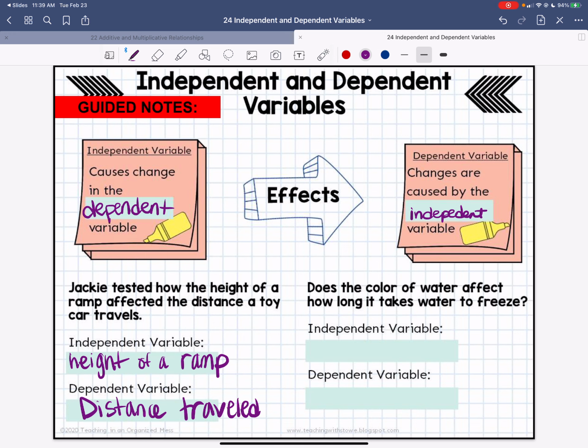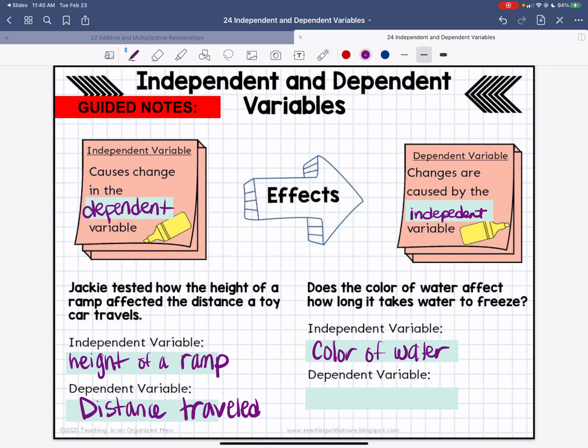So does the color of water affect how long it takes water to freeze? So when I'm looking at this, I go, well, what's the independent variable? What do you think is going to be causing something to happen? So this is going to be color of water.